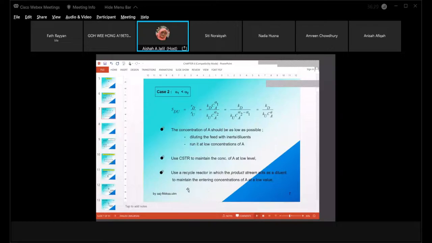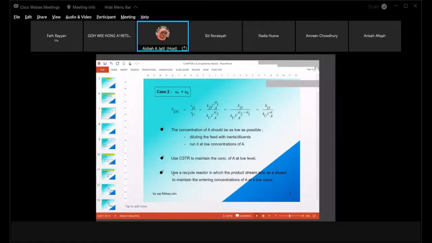You can search in the textbook and see the recycle reactor. When you get a question for chapter 6, I suggest you sketch the type of reactors, okay, to get more marks.